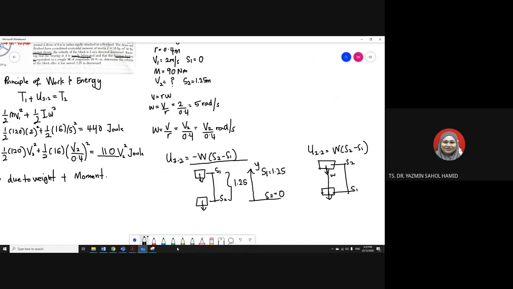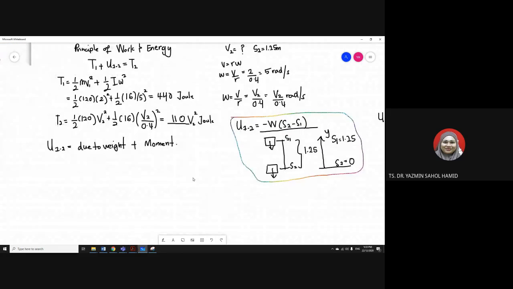But if you are familiar with this one, I think you should follow this one, because in the previous exercises, when it reaches the bottom, we assume it is zero, so we don't have a negative in front. This is another way of assuming, but it is reversed. Just follow one method that you are comfortable with. Since I have taught you the method with the negative W, just keep it consistent.